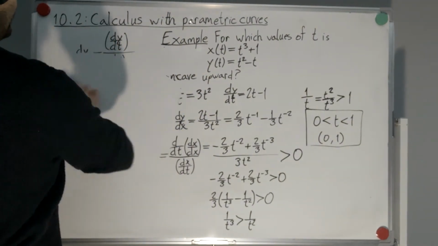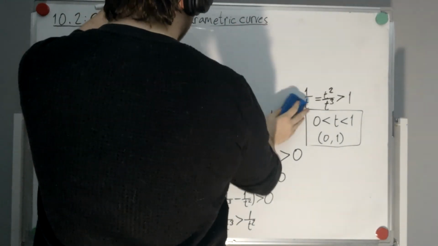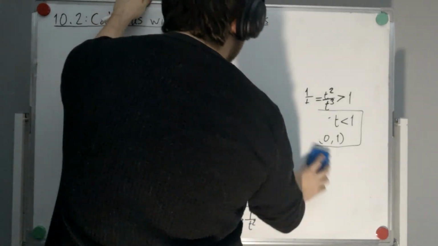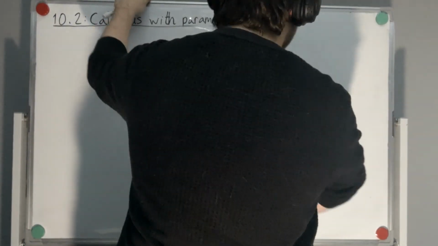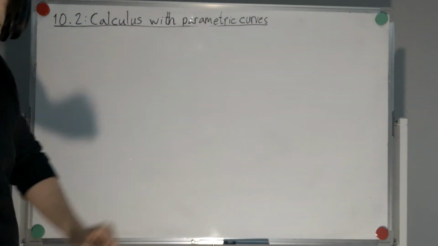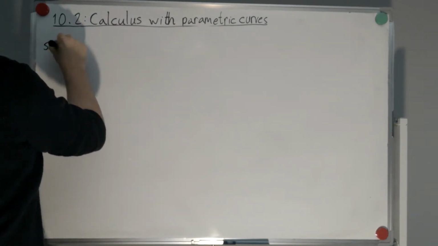So that's about all that we'll be concerned with for the tangent line to a parametric curve. And there's just one more thing that we should discuss for today, and that's the arc length of a parametric curve.